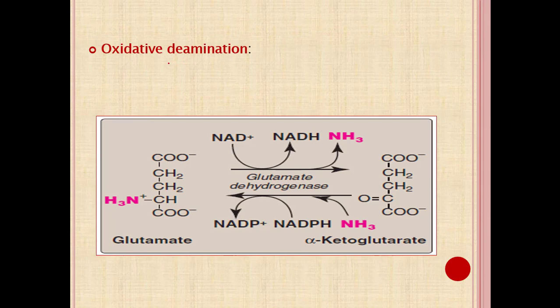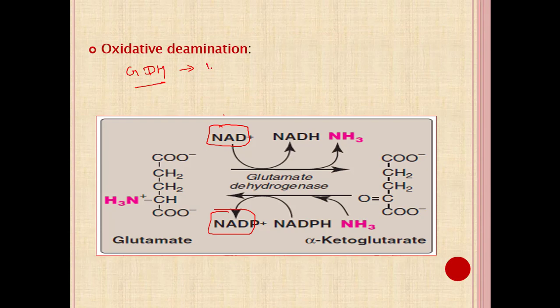Oxidative deamination may use NAD, FAD or FMN, depending on the enzyme. The major oxidative deamination is catalyzed by the enzyme glutamate dehydrogenase. That enzyme uses either NAD or NADP. Remember, that is a peculiarity of that enzyme.